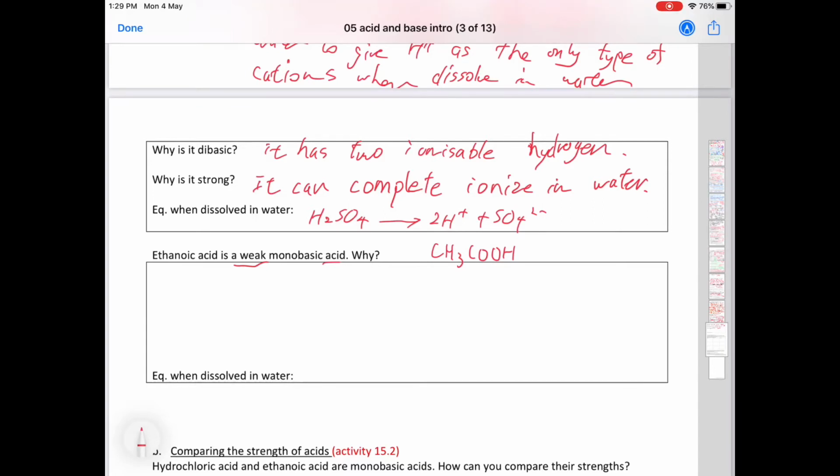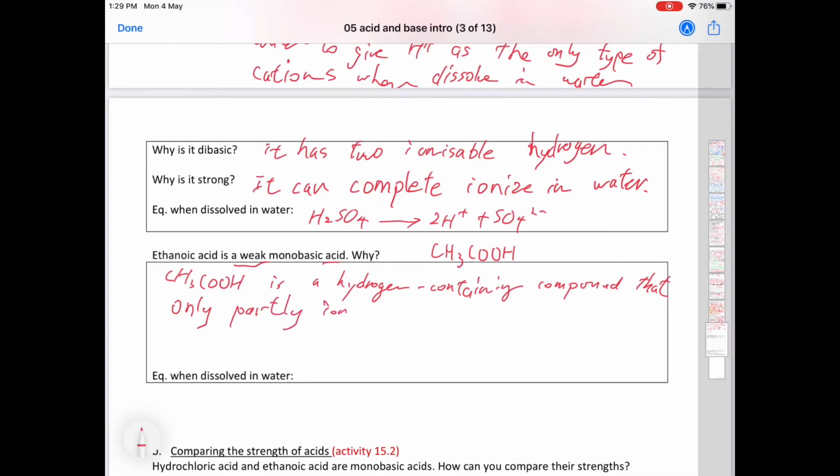And we can actually merge these two definitions together. CH3COOH is a hydrogen containing compound that only partly ionizes in water to give H plus as the only type of cation.